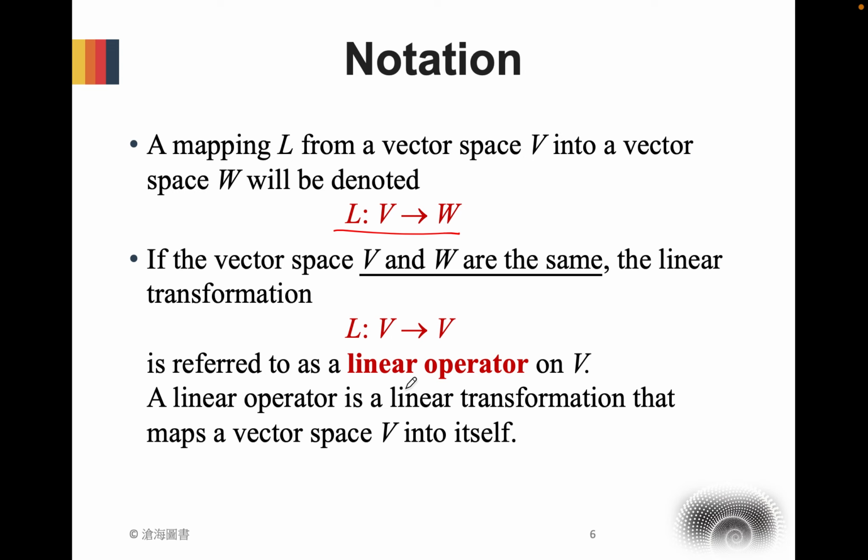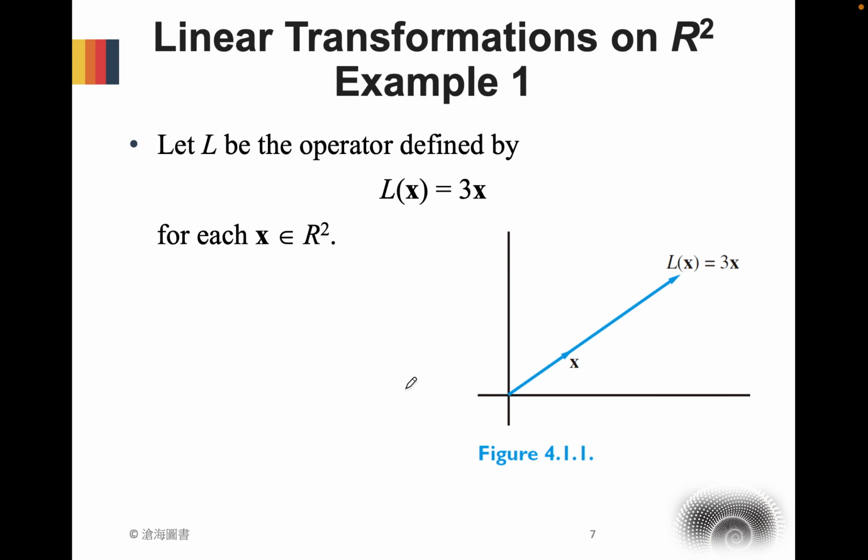Okay, so just like this, let L be an operator defined by this. When we input a vector x to do this linear transformation, the result is 3 times x. We define the transformation like this for each x in R2.